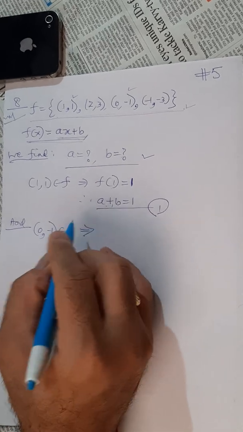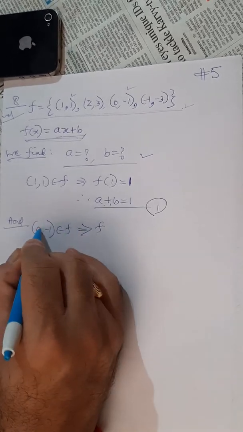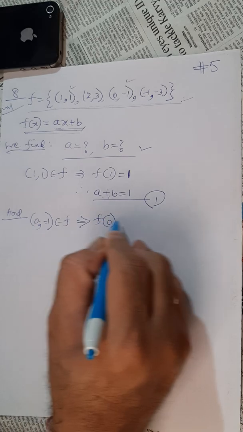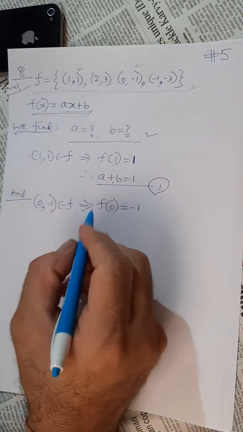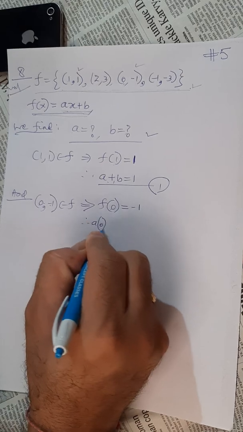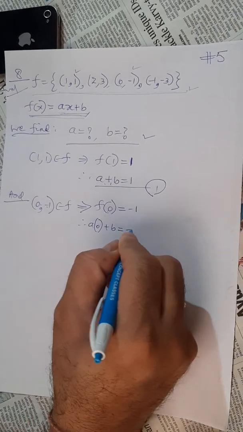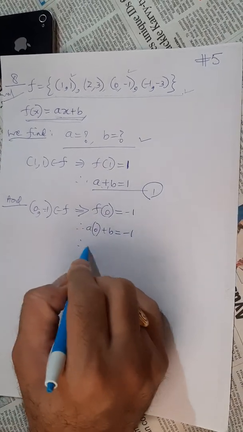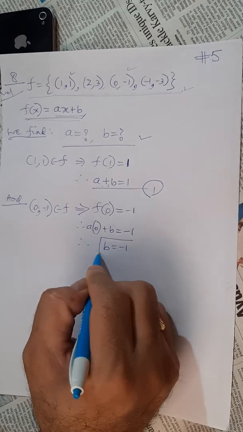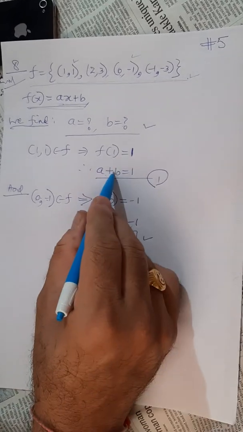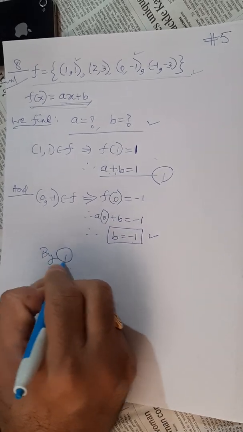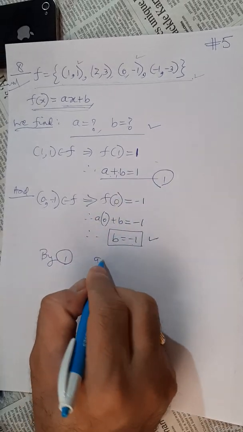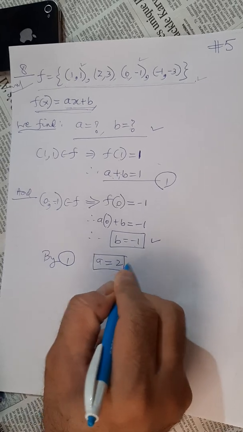What is the meaning of this? F of 0 equals minus 1. Now put x equals 0 here. So what will we get? A into 0 plus b equals minus 1. So b is minus 1. If you take it to the other side, if I put minus 1 here, a is 2. So these are the possible values.